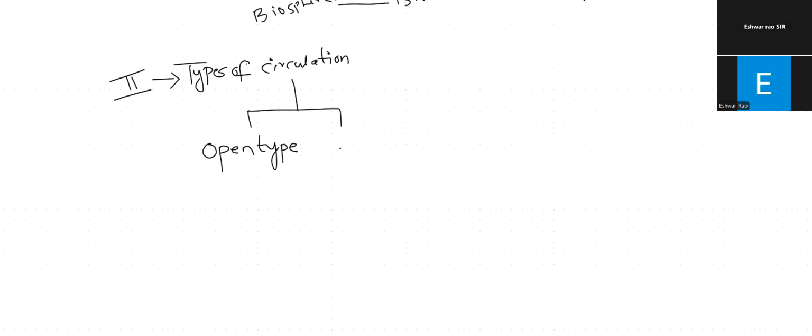When you see the open type of circulation, assume this is the heart. Blood partially flows in the blood vessel.